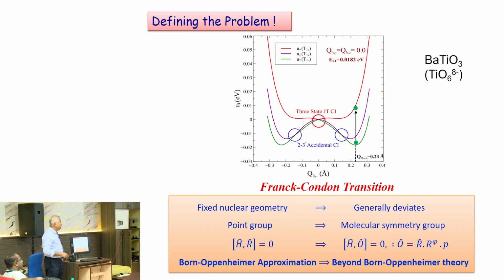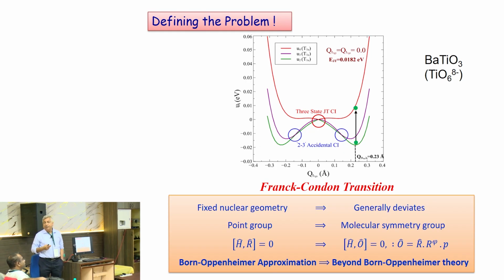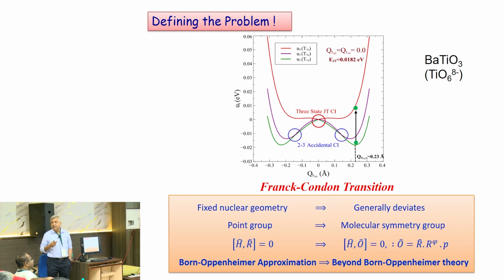Now, if you allow the molecule to roll, this Franck-Condon transition concept actually deviates, and that is not a point group, that is called the molecular symmetry group. Symmetry elements are the product of the traditional symmetry elements multiplied by the nuclear permutation multiplied by the rigid rotation.